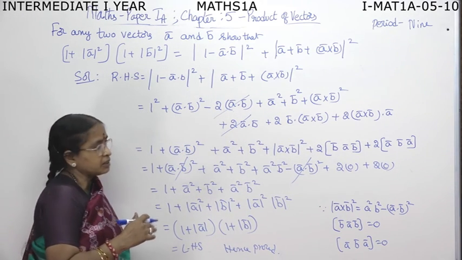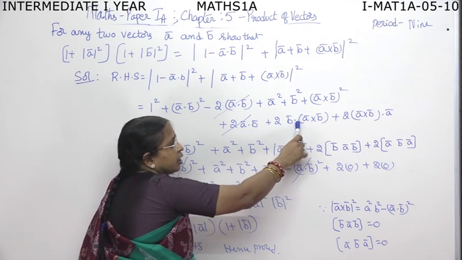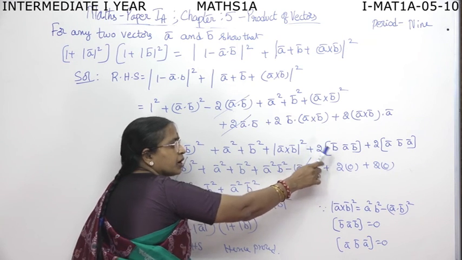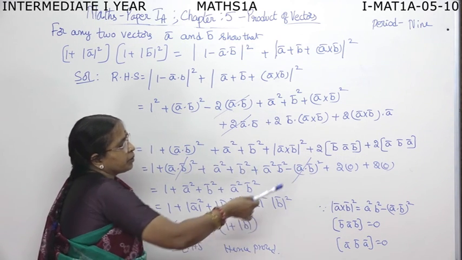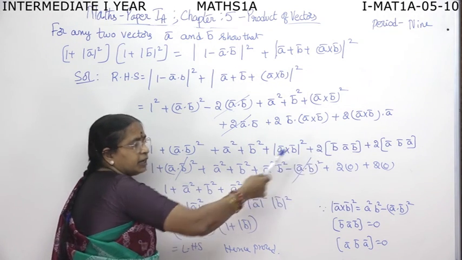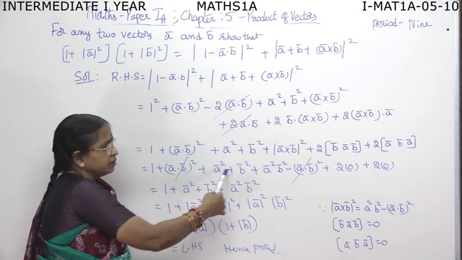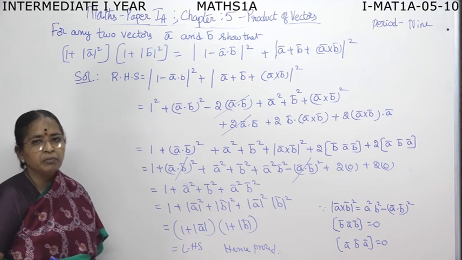If you have one dot and another cross between three vectors, that is called the box product or scalar triple product. In that scalar triple product, if two vectors are identical, its value is 0. So according to that property, we substituted the values and simplified. Like this we do the problem.